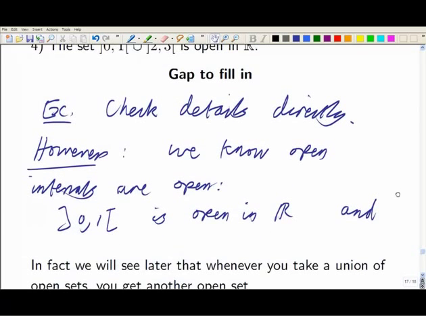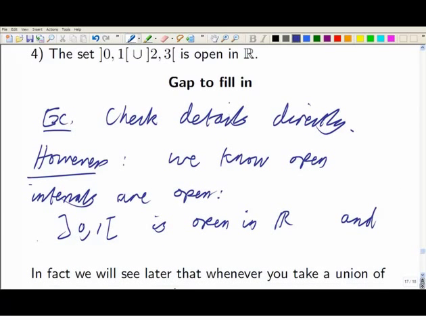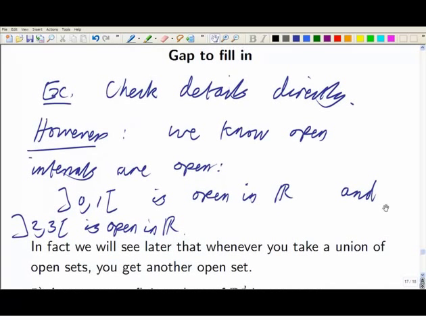We know that open intervals are open. So that's an open interval. And 2, 3 is open in R.